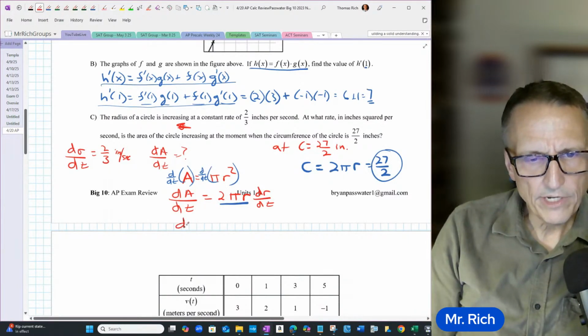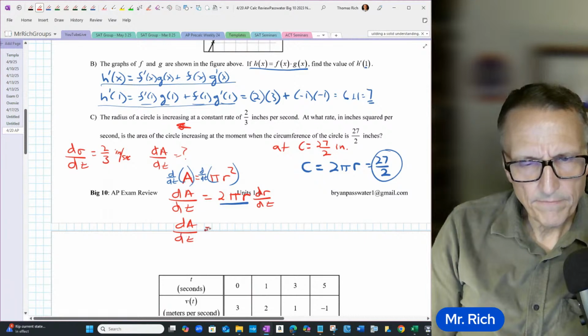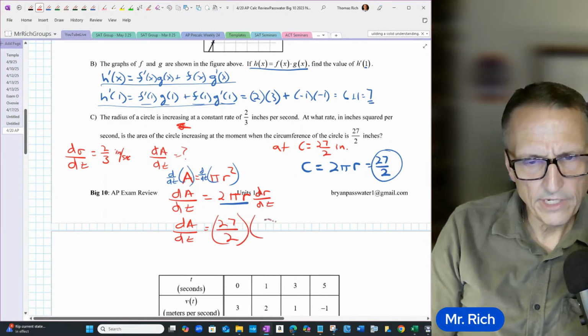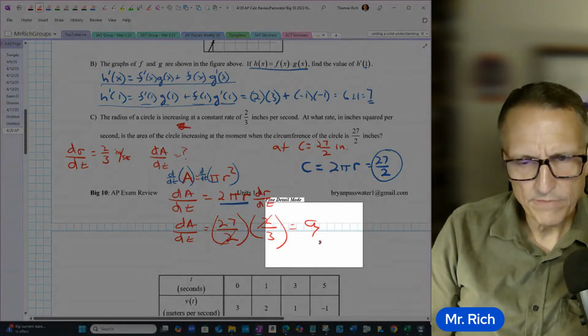So my calculation ends up being dA/dt is 27/2 times dr/dt, which is 2/3. The 2's divide out, 3 goes into 27 9 times.